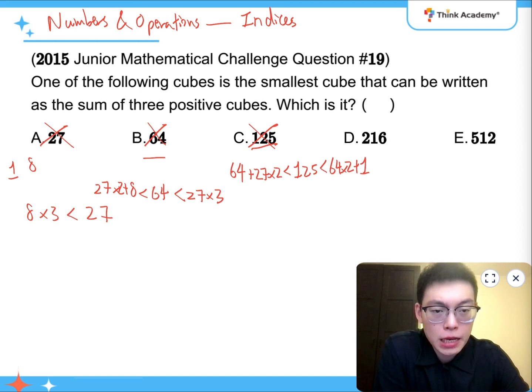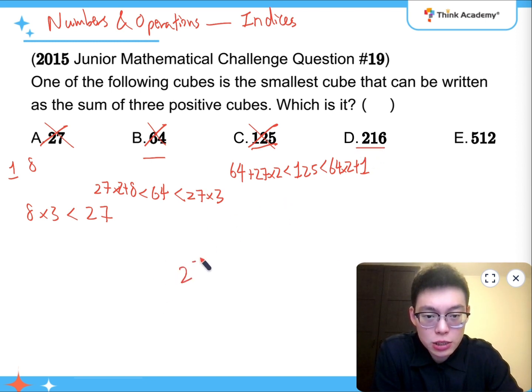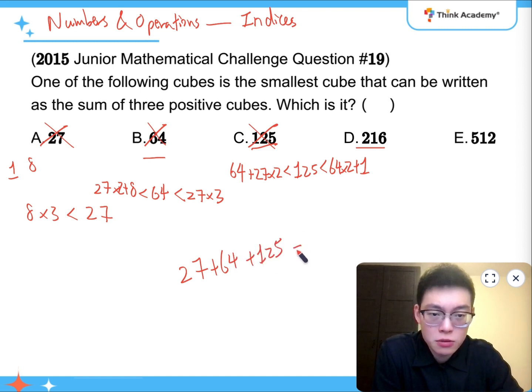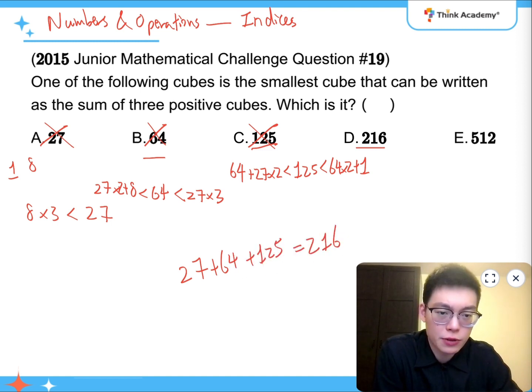Okay? And finally, the next one, 216, which we can see is 27 adding 64 adding 125. So you just need to do some trial and error for this one.